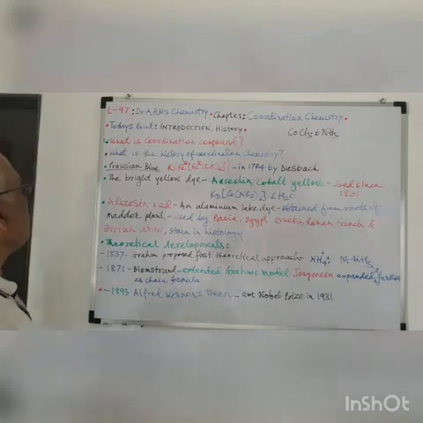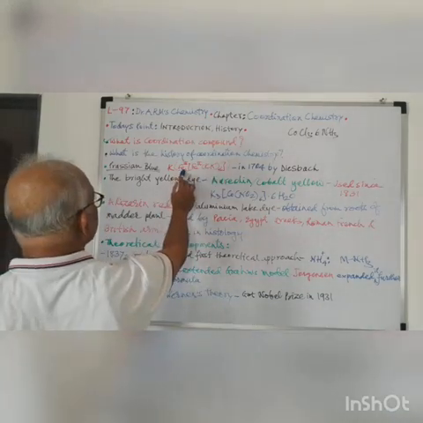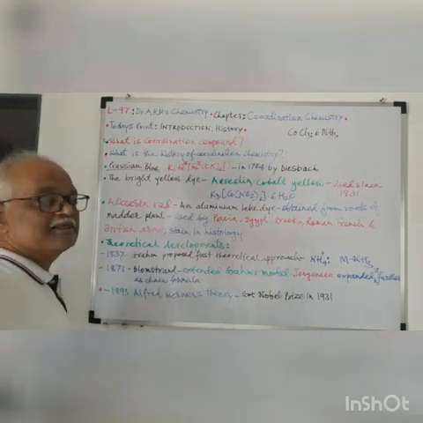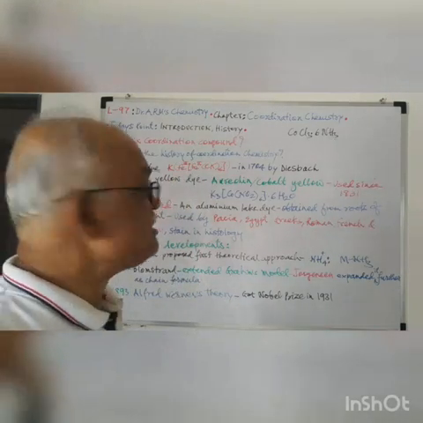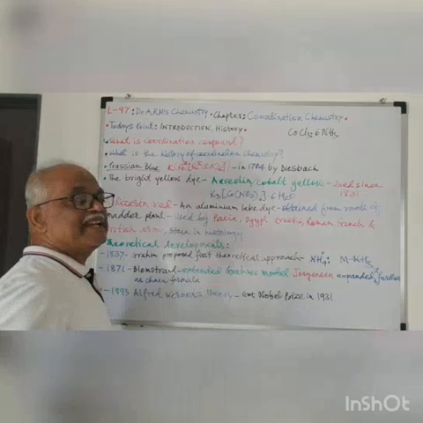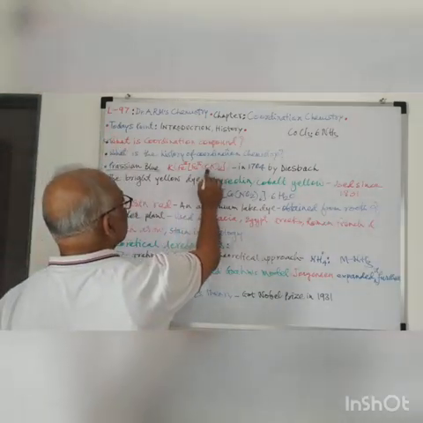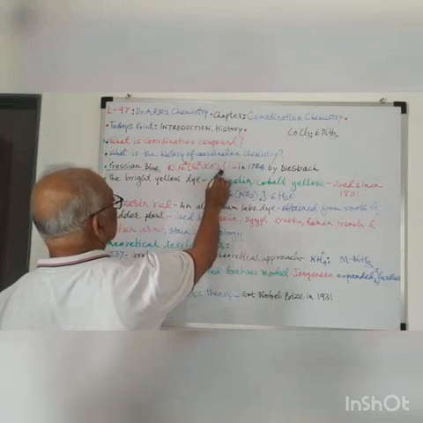This dye is formulated as KFe[Fe(CN)6]. Here Fe3+ is the oxidation state of Fe, and in the square bracket there is another Fe with oxidation state 2+. Then in the small bracket it is CN, cyano, 6.